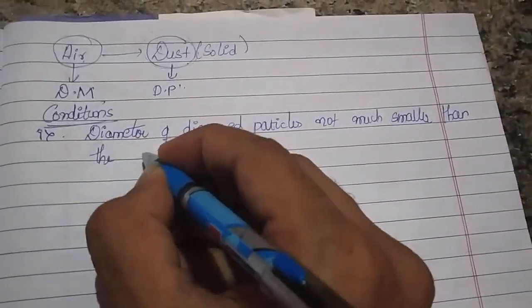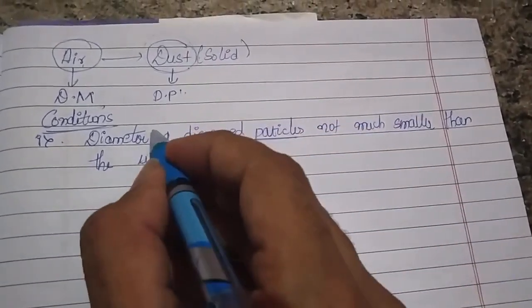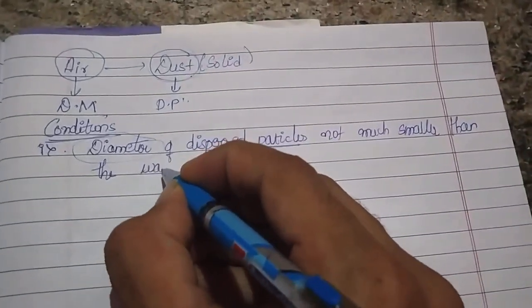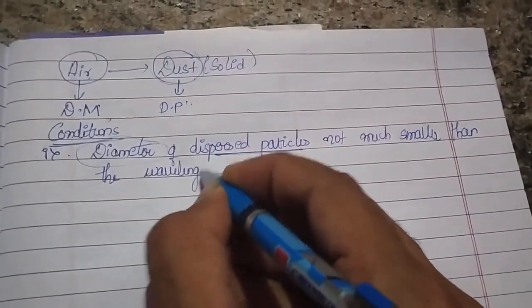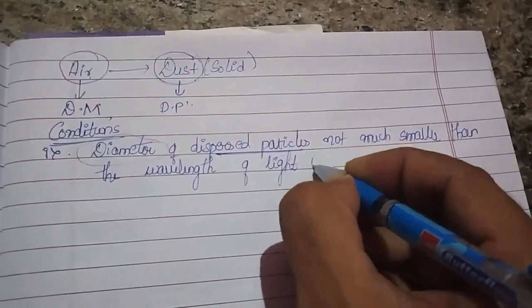What we are saying is, whatever the dispersed phase particles are present, their overall diameter should not be smaller than the wavelength of the light used.